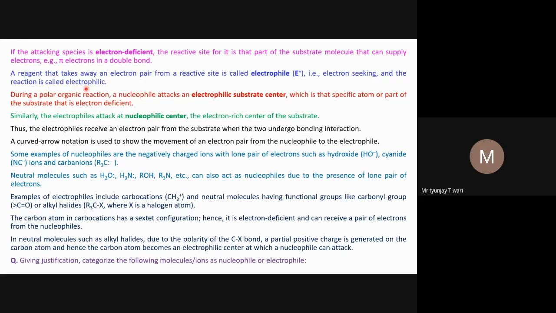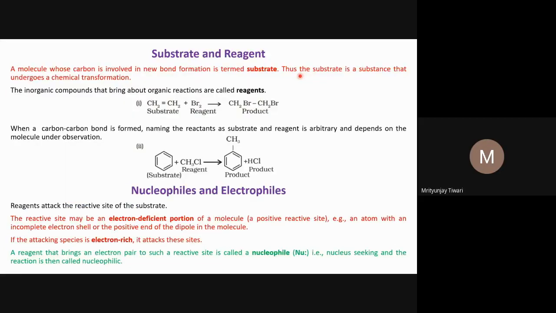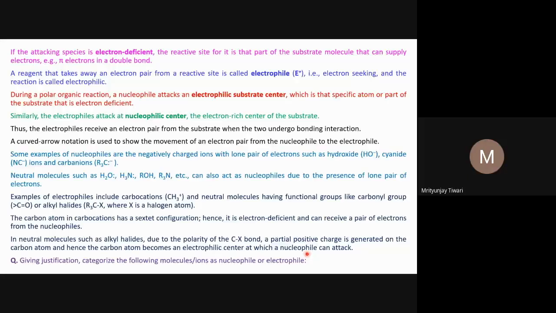A reagent that takes away an electron pair from a reactive site is called an electrophile. Electrophiles are represented as E plus, and nucleophiles are represented as Nu with a lone pair of electrons, like this. This colon represents a lone pair of electrons. So Nu with a lone pair represents nucleophiles.